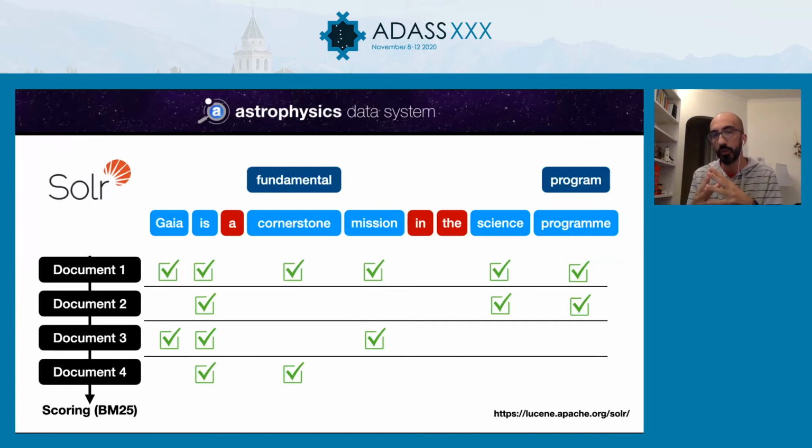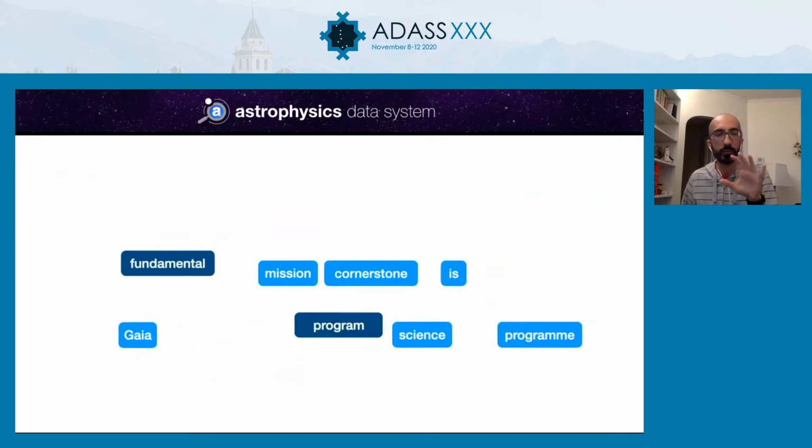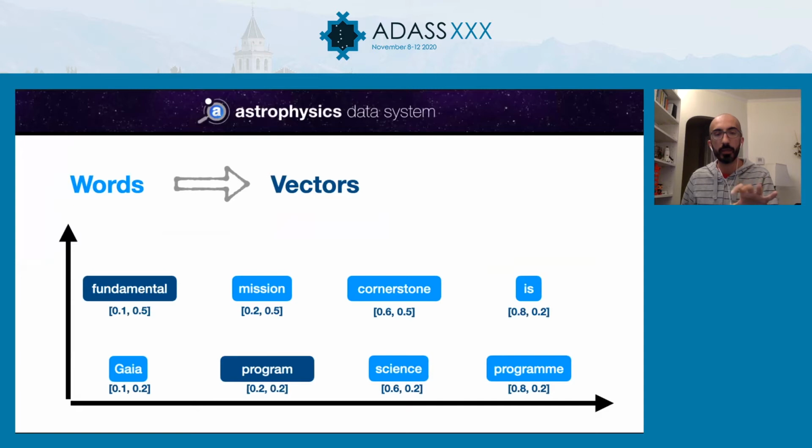A way of improving this, and making our lives a bit easier by not maintaining this large list of synonyms, would be to take all these words and convert them to vectors, so that we have a multidimensional space where we can locate all these words as different points.